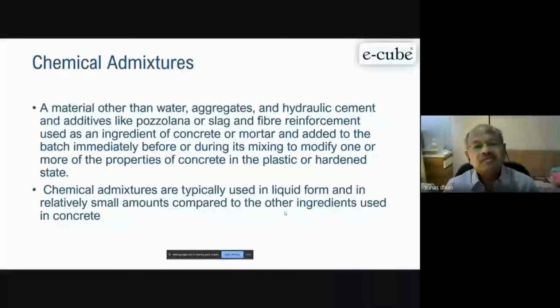So once you come to the site, you can open the bag, take the batch and add the required amount of water, and you get the required workability of the product. So you get liquid form and also dry form. But whenever you're using it in a concrete batching plant or any other purpose at the site mix, it is always advisable to go for liquid form only because of mixing issues.